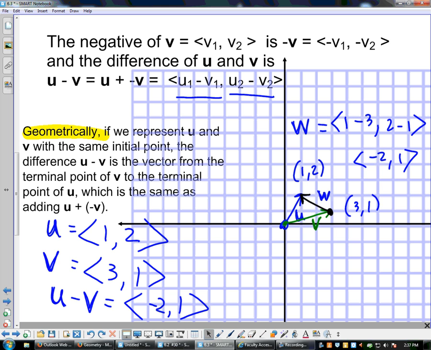We're finding the difference of two vectors arithmetically, like we did here, and geometrically, like we did here. You need to be able to do both ways, because I know that's your next question, Alexis.